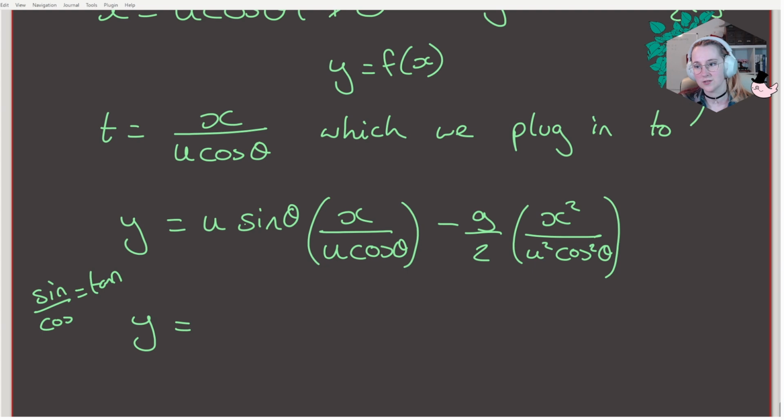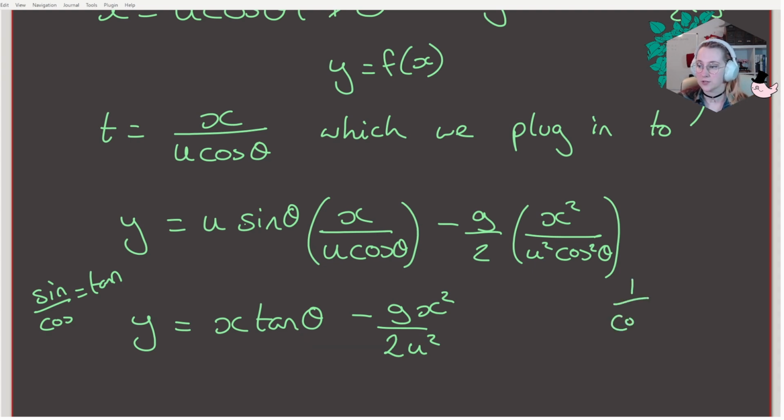So let's do the u's cancel. We've got u on the top and we've got a u on the bottom. We get x tan theta from that first part of the equation. And then the second part, we leave the g over 2u squared times x squared alone. And then we use the fact that 1 over cos squared equals sec squared, and we use the fact that sec squared is 1 plus tan squared.